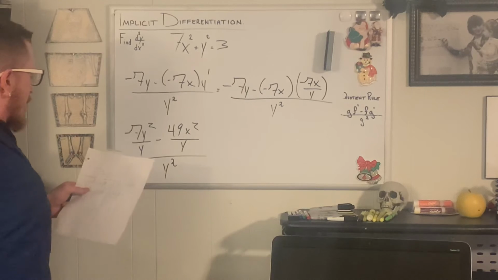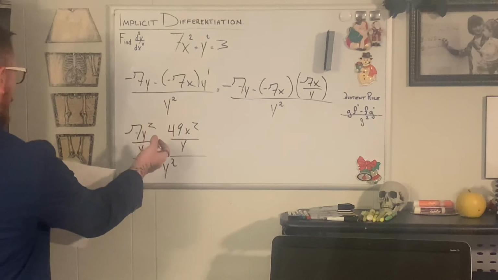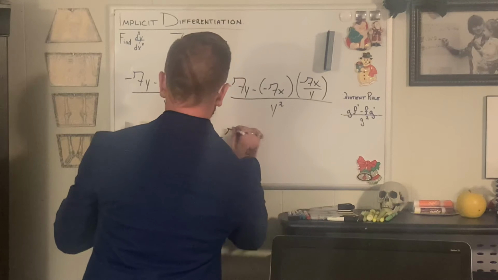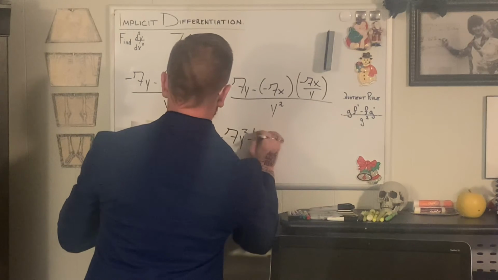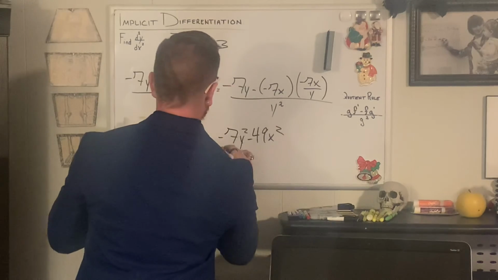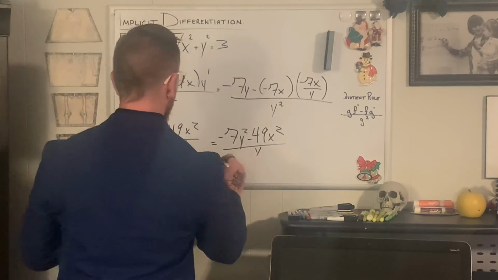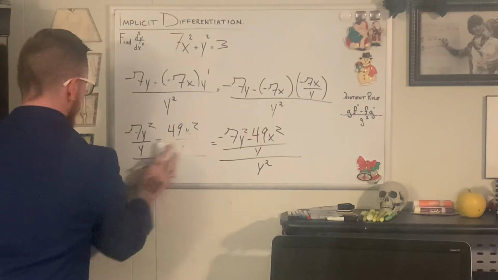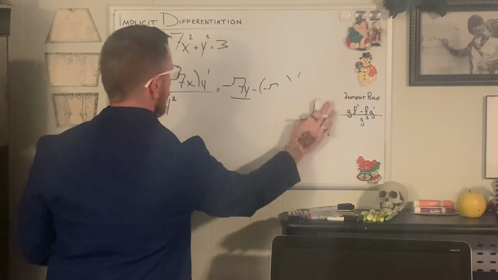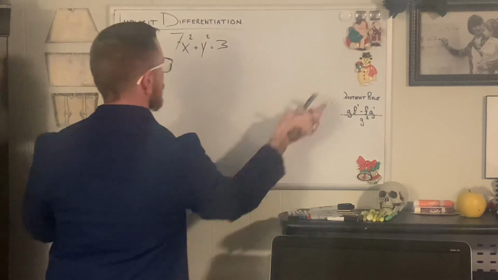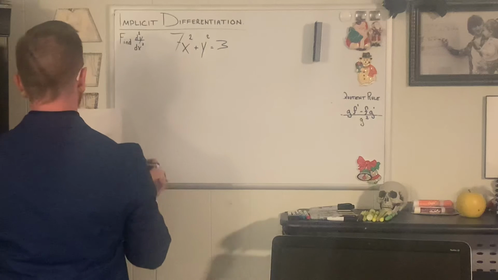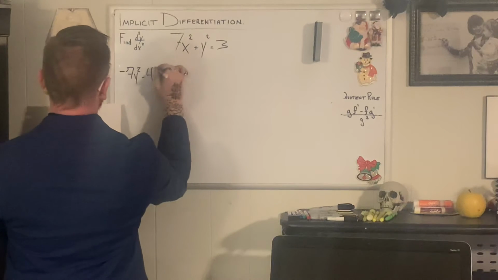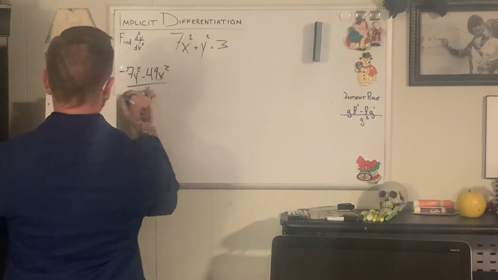Okay, now we have our common denominator, so we can just write this as minus 7y squared minus 49x squared over y, and this whole expression is over y squared. We're almost done.